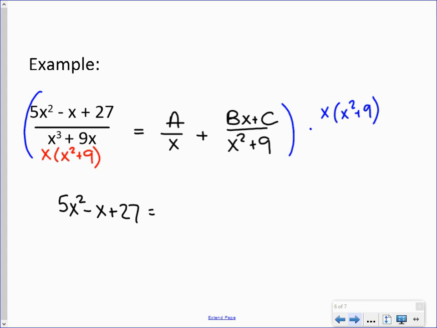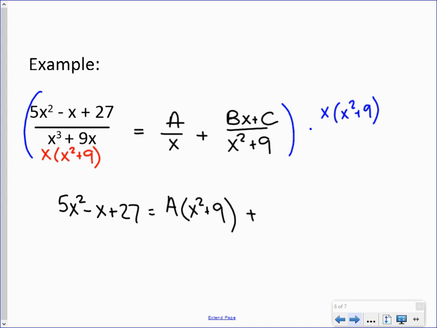When I multiply a over x by that least common denominator, only the x's are going to cancel. So I'll have a times x squared plus 9. And then when I multiply that LCD by bx plus c over x squared plus 9, the x squared plus 9 cancels, but x remains.